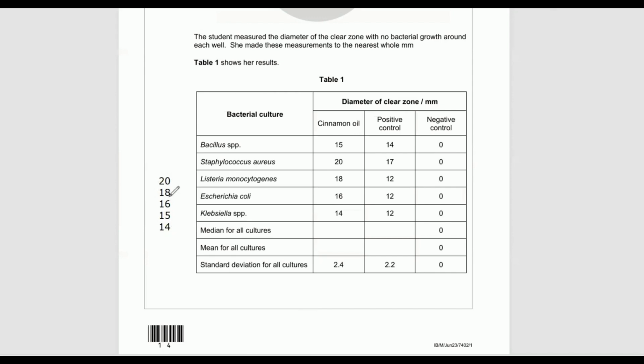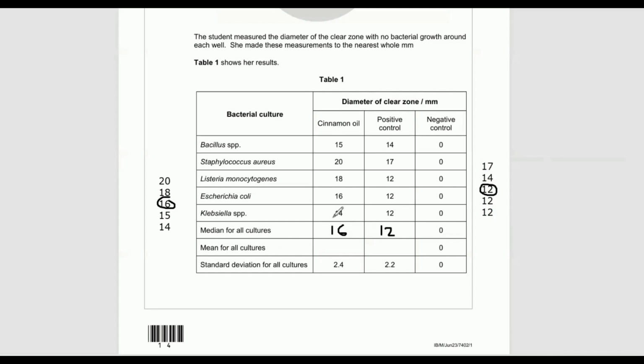For the cinnamon oil, it goes 20, 18, 16, 15, 14, and 16 is the middle number in the list, number 3, the one right in the middle that splits the top values from the bottom values. Whereas with the second set of results, we have 17, 14, 12, 12, 12. So what splits the top values from the bottom values? It's 12. Right bang in the middle there, the middle result is 12.